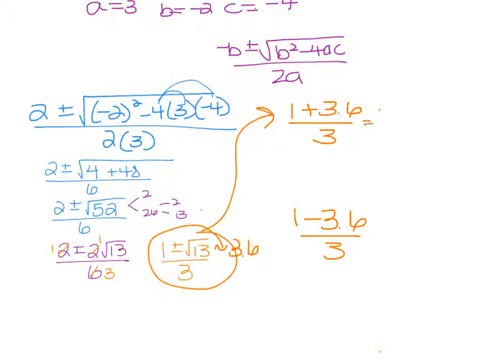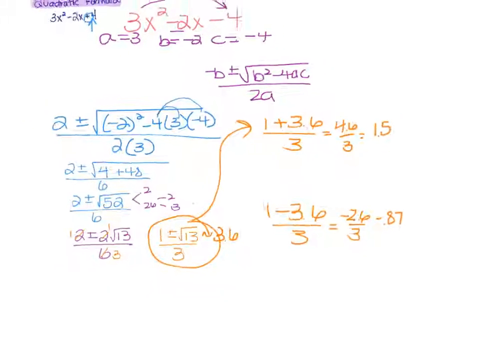So this would be 4.6 over 3, which is 1.5. And then this, negative 2.6 divided by 3, is negative 0.86, or 0.87 if I was going to round it.